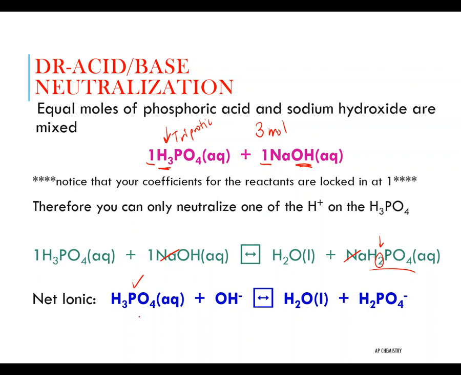It's not on the 7 strong list. Your hydroxide ion, liquid water, and then your dihydrogen phosphate ion. That's if it's 1 to 1 mole, because 1 hydrogen plus 1 hydroxide gives you 1 water. If we wanted to neutralize the entire thing on the phosphoric acid, we would have to use 3 moles to every 1 mole. So just keep in mind that it's a stepwise deal, and you need 1 hydroxide for every H.